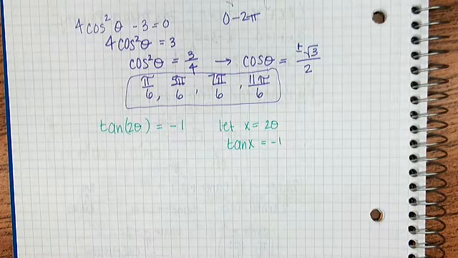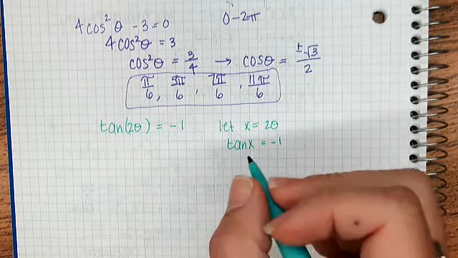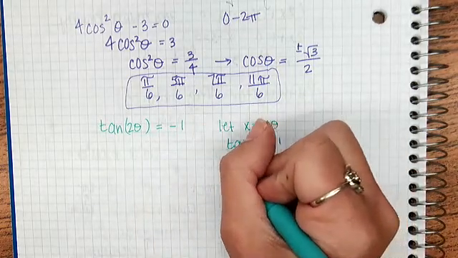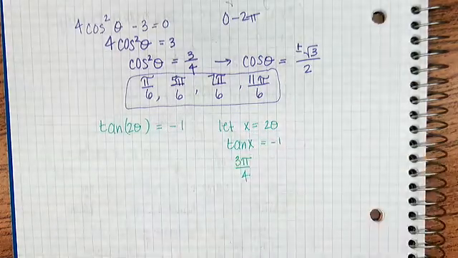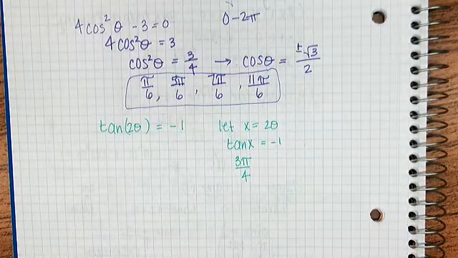Tangent is negative in quadrants 2 and 4 with a 45-degree reference. So in quadrant 2, 45 degrees is going to be 3 pi over 4. And in quadrant 4, 7 pi over 4.